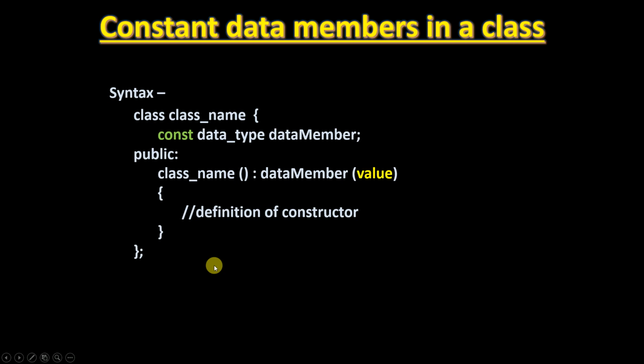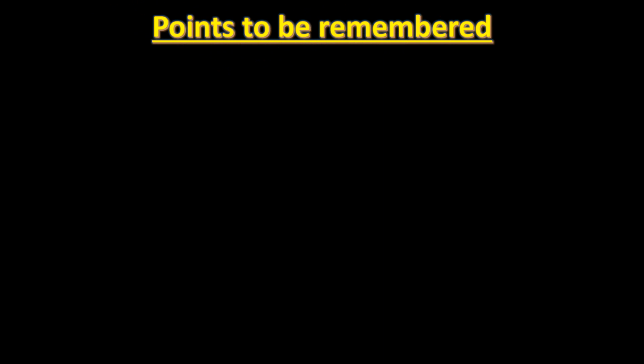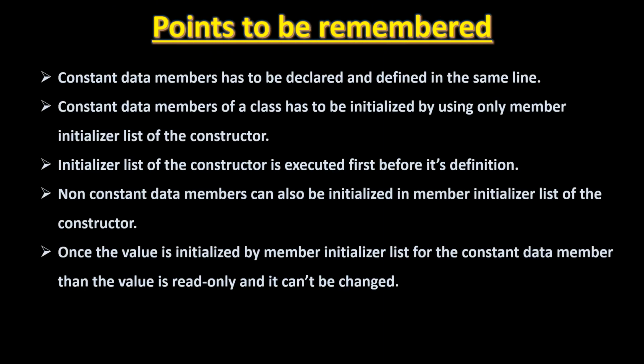Now there are some points you have to remember. Constant data members have to be declared and defined in the same line. Constant data members of a class have to be initialized using only the member initializer list of the constructor. Here I'm just focusing on the C++98 standard, not C++11. The initializer list of the constructor is executed first, before the definition of the constructor.